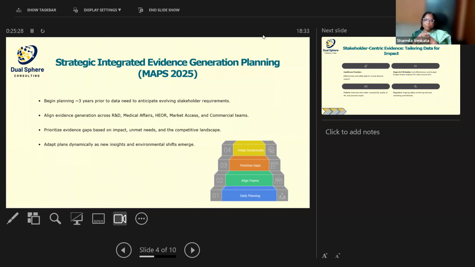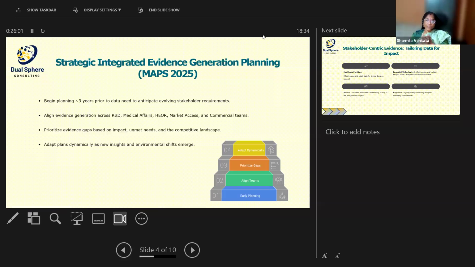So aligning between the teams is very, very important. For example, in the diabetes drug portfolio, early alignment lets teams coordinate trial endpoints, collect real-world adherence data, and generate cost-effectiveness evidence, ensuring the same datasets serve multiple purposes in multiple markets.